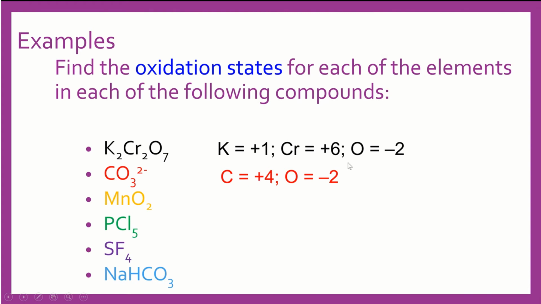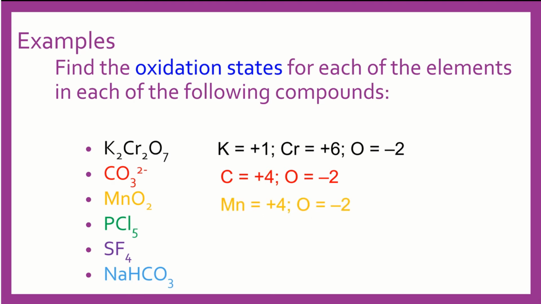There's only 1 carbon, so all positive 4s go to him. Next, manganese oxide, MnO2. So Mn is going to have a positive 4 because oxygen has a -2, always -2 for oxygen. Times 2 gives me a total of -4. I don't have a charge, which means my manganese must carry all 4 of those positives. Positive 4. There we are.